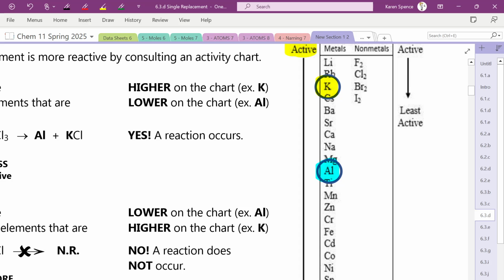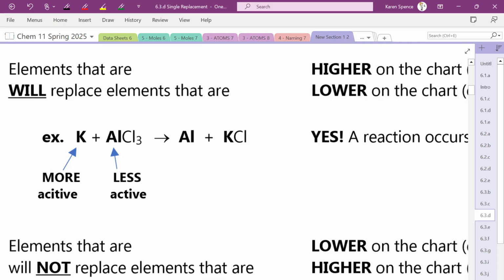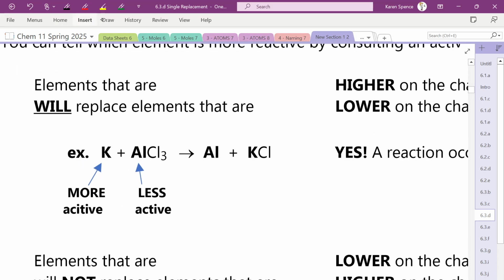Now, let's take a look at a reaction involving potassium as the element and aluminum as the metal in the compound. Can you guys stop talking because we've got like 4 minutes left. I'd like to cover this.